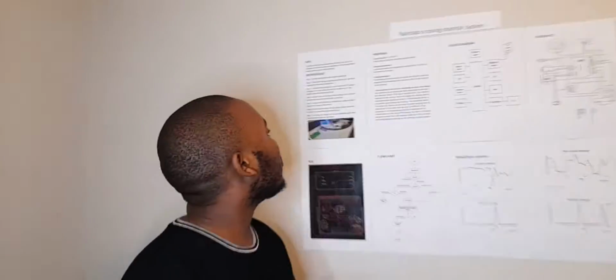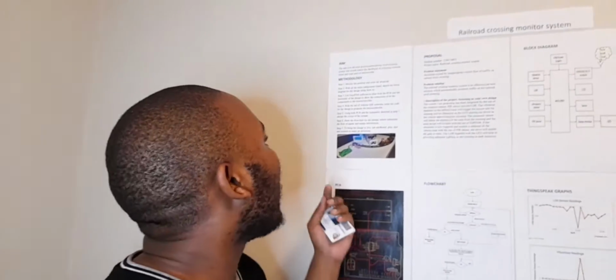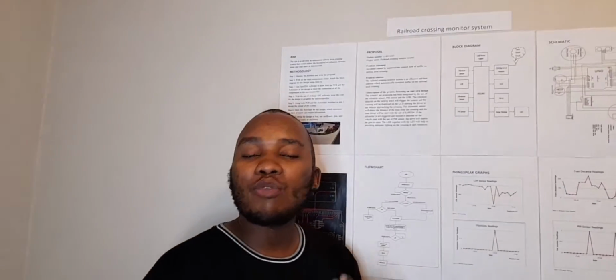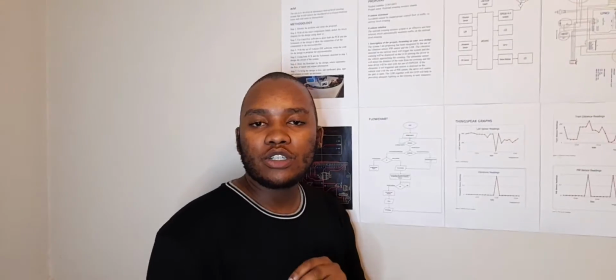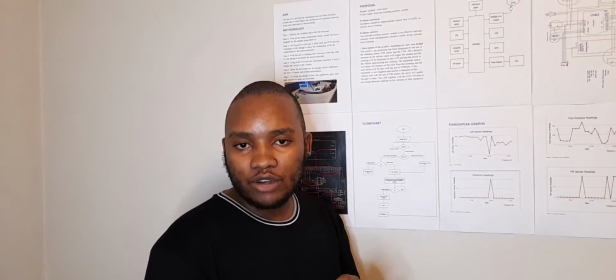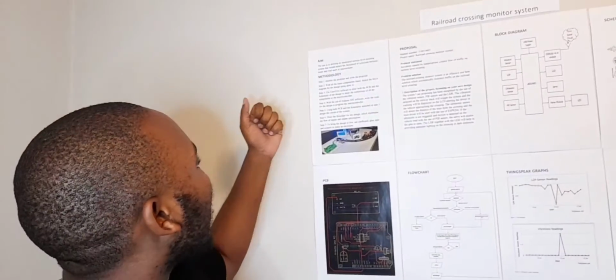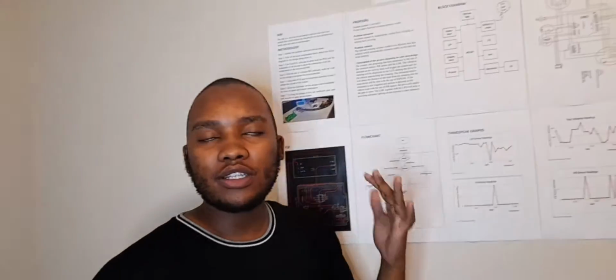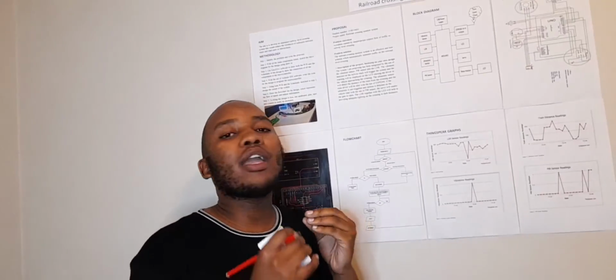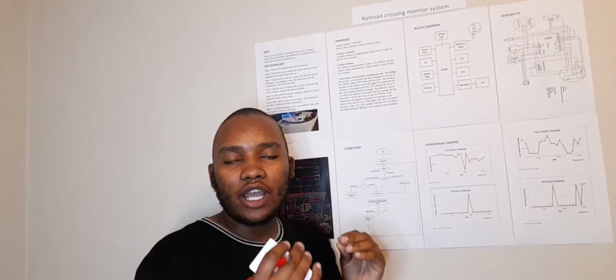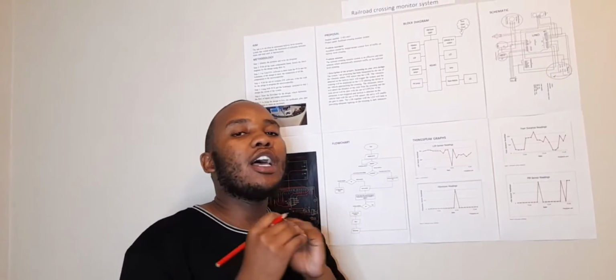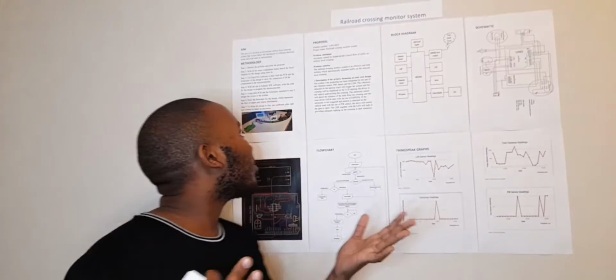Taking you through the methodology, the first step was to identify the problem and write the proposal. The proposal has your problem statement, the solution to that, and a brief description of your project. Following that, I listed all the components which I used, and I sketched the block diagram using my main components, showing all my inputs and outputs.